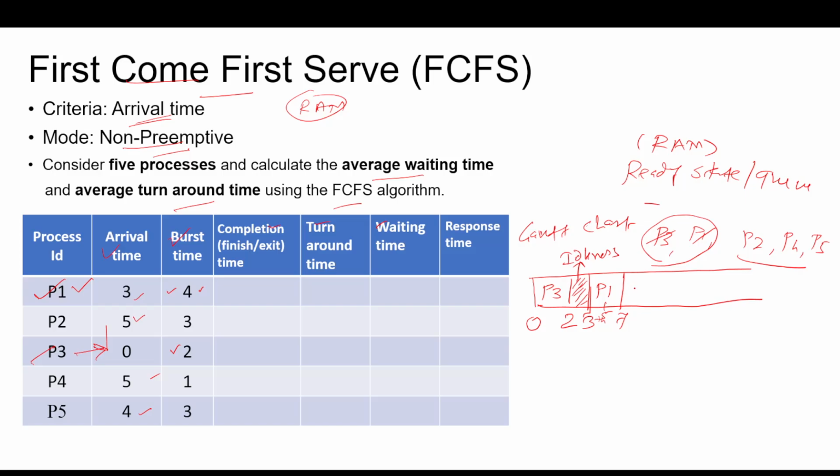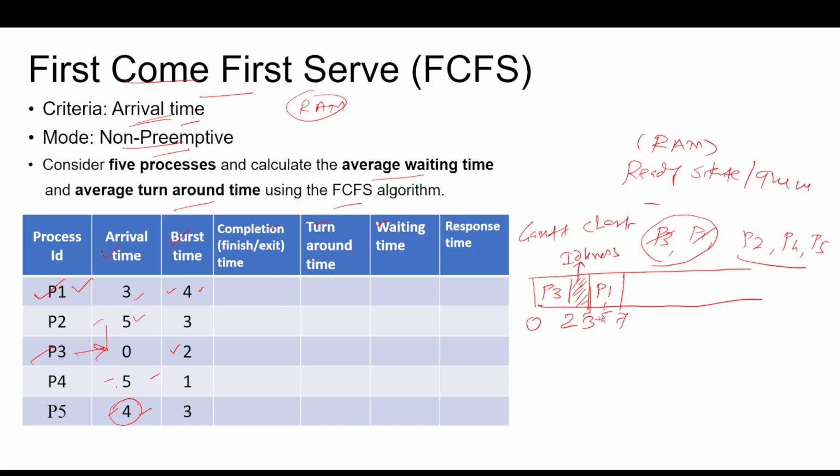Now sequentially check, our criterion is arrival. That means based on the arrival timings, we have to check the processes that have arrived in the ready state. Which process arrived first in the ready state? As per arrival timing, you can see the arrival timing is less for P5, and the same 5 for P2 as well as P4.